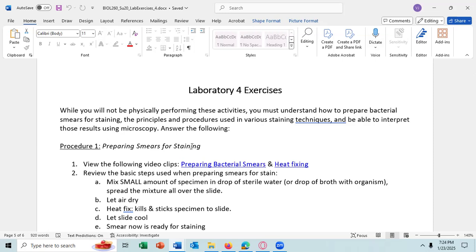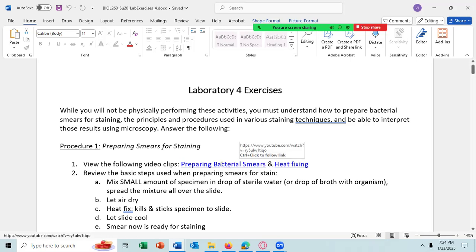Most of the time, when you're going to stain a slide containing microbes, you will make a bacterial smear first, and then you'll take that smear and stain it. So the staining is not anything to do with the smear. They're independent events. It is true that to do the stain, you essentially need a smear first. But to do the smear, you never have to do the stain. I don't know what would be the purpose of that, but you don't have to do the stain.